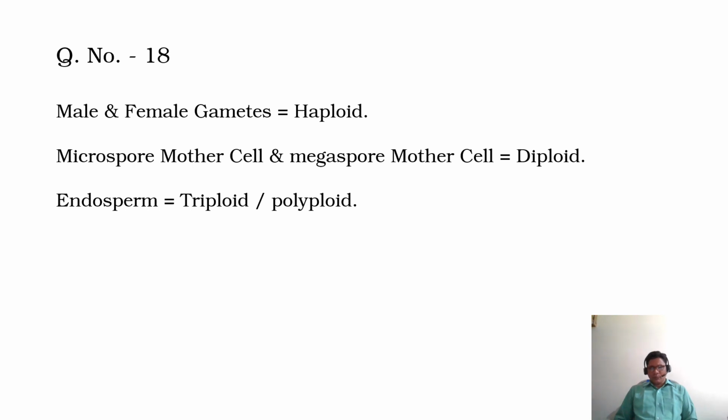The primary endosperm nucleus, PEN, is triploid or polyploid. That means in flowering plants we can see chromosomes in haploid, diploid and polyploid conditions. Then the answer is option 1, haploid, diploid and polyploid.